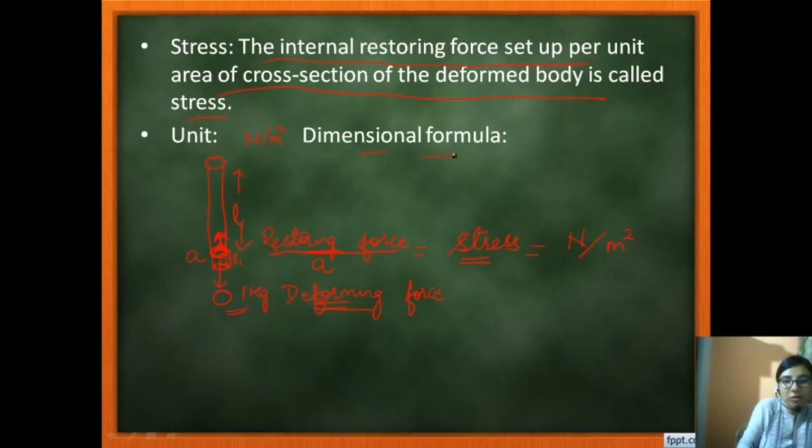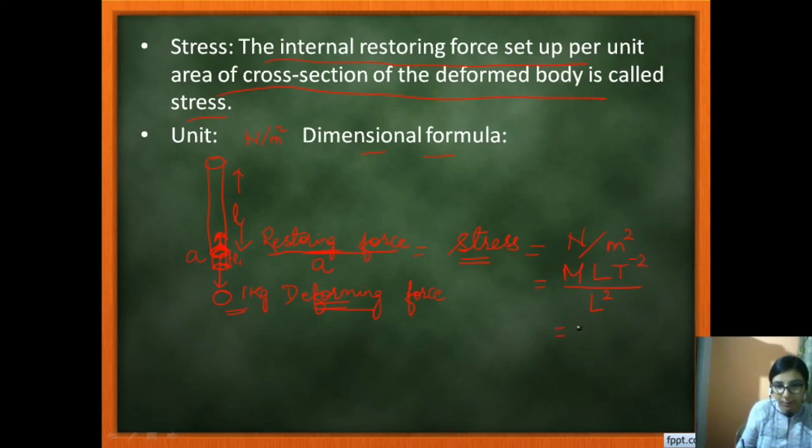Now its dimensional formula. It is the ratio of force by area. Force is mass into acceleration, that is M times L T to the power minus 2, divided by area. The dimensional formula of area is L square.